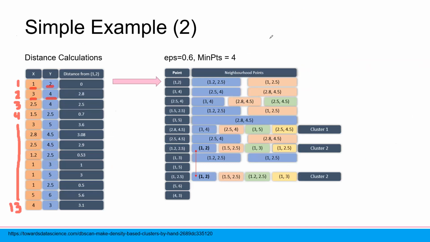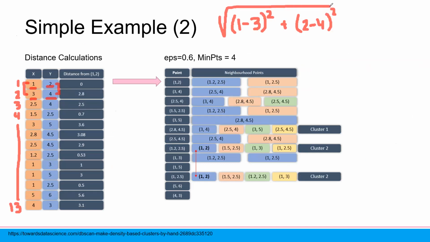If we use the Euclidean distance, then we have 1 minus 3, power of 2, plus 2 minus 4, power of 2, and then we take the square root.